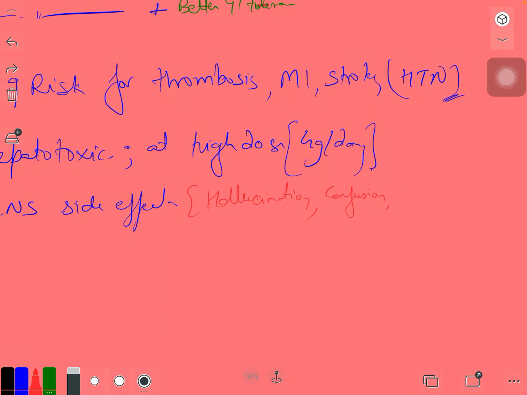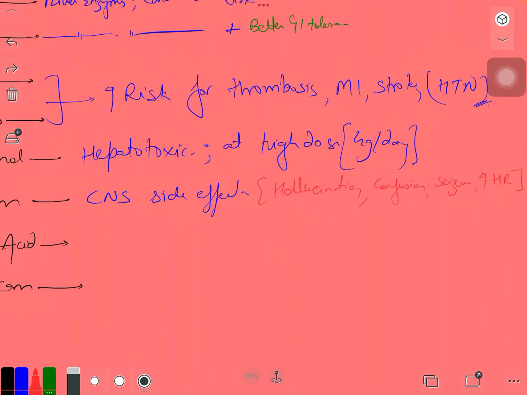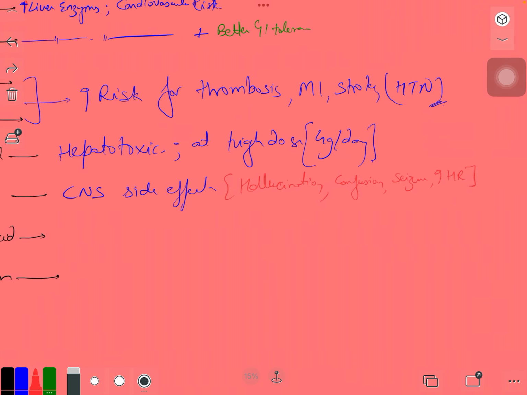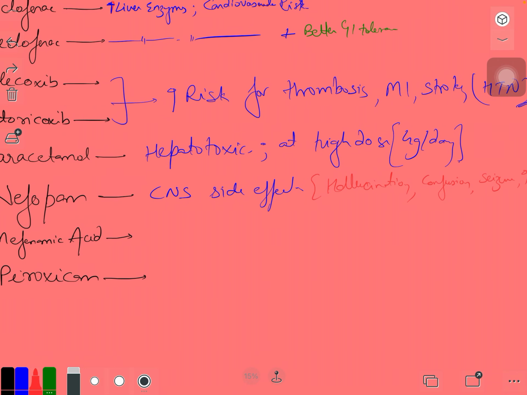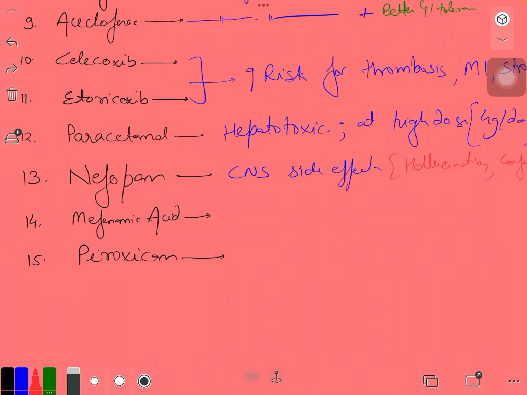At high doses, seizures may also occur. There can also be an increased heart rate, right? Because of the sympathetic action.